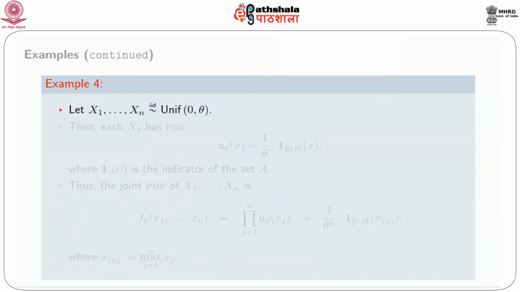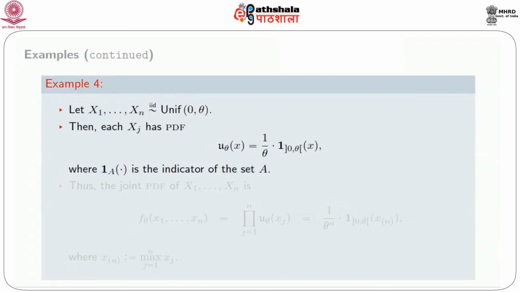We consider our next example. Let x1, x2, ..., xn be independently and identically distributed random variables, each following the uniform distribution with parameters 0 and theta. Then each xj has PDF u_theta(x) equals 1 by theta if 0 less than or equal to x less than or equal to theta.